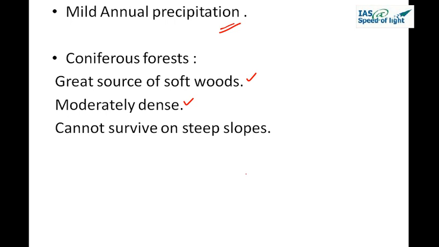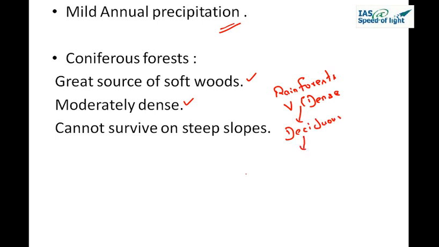Now, if we want to arrange these different forests that we have studied, first was the tropical rainforest. Those were the very, very dense forests. After that, we studied the deciduous forest.